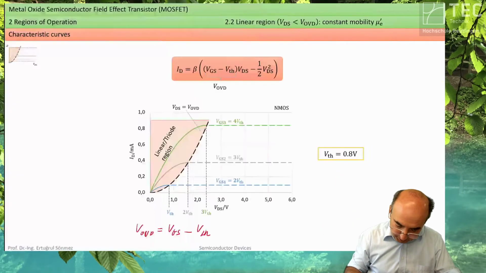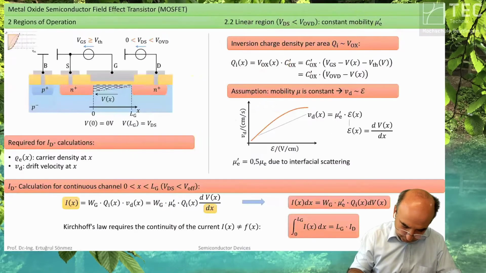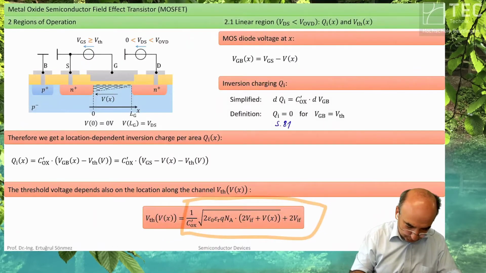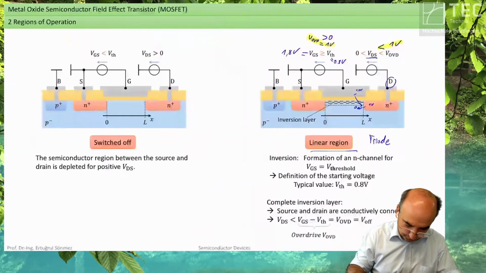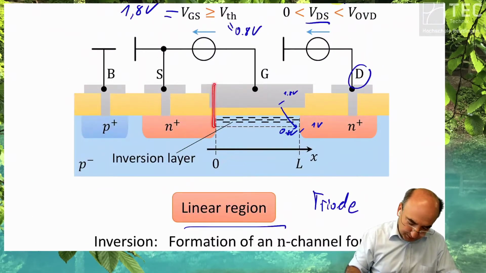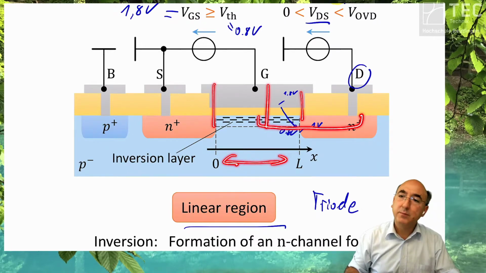Again, if you decrease the length, a new transistor looks like this. The rest is equal.